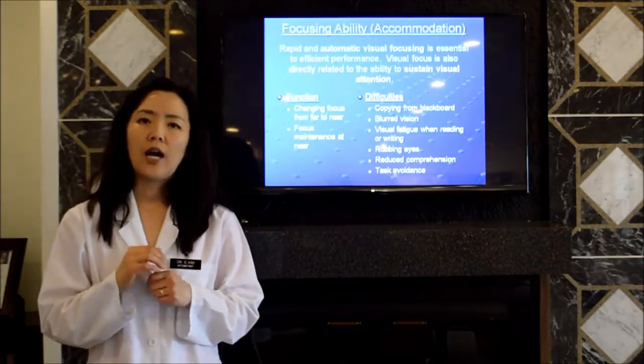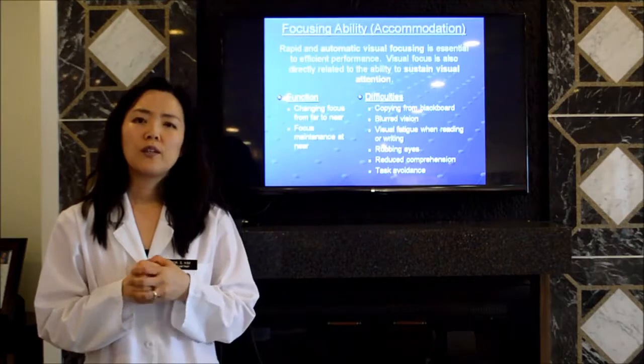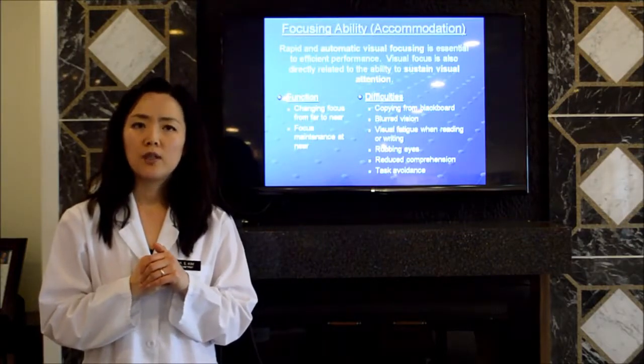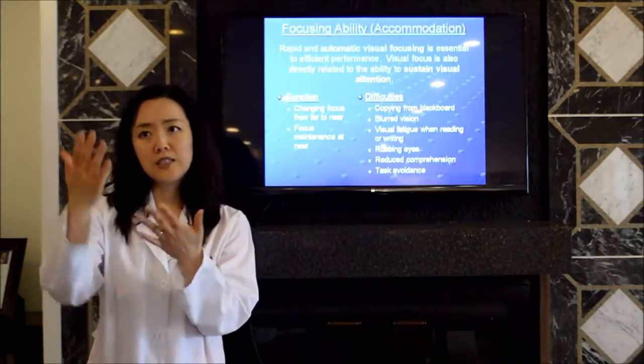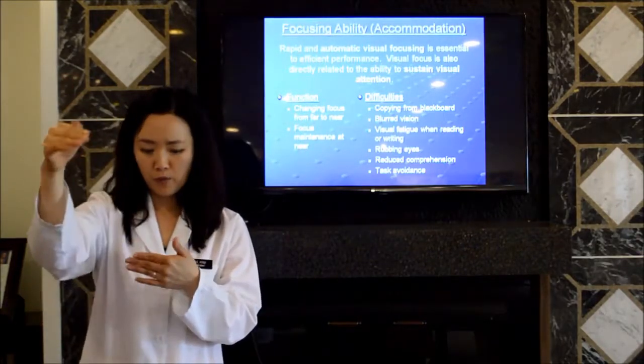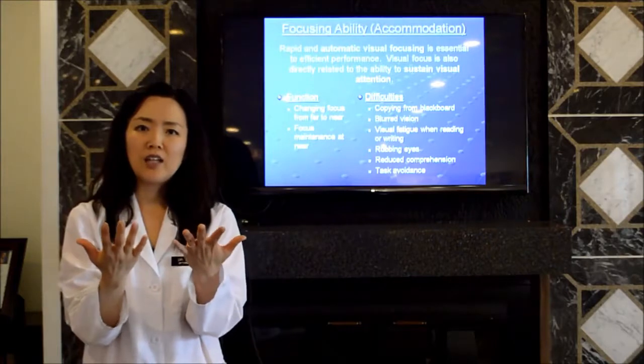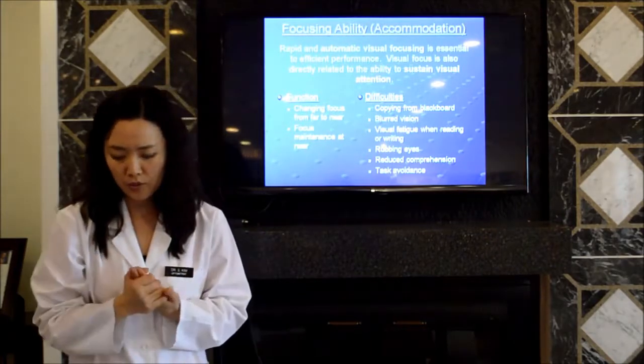Now, the focusing ability is called accommodation. This is highly related with our mental attention. This is the ability to see clearly near and clearly afar, back and forth, and to sustain and maintain your clear vision up close.